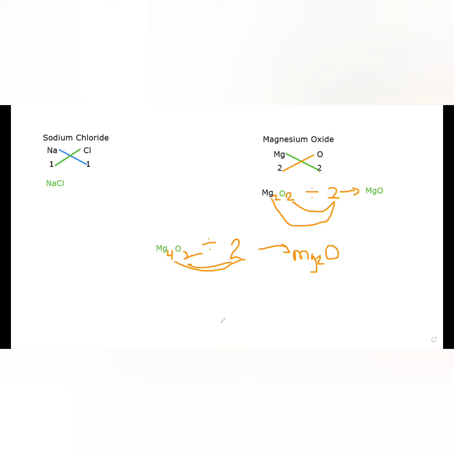So let's do one of the examples in the event that you end up with an element that has more than one valency. I'm going to take an example with lead. Lead has more than one valency, so I'm going to use one of the valencies and show you that it's actually stated in the name.